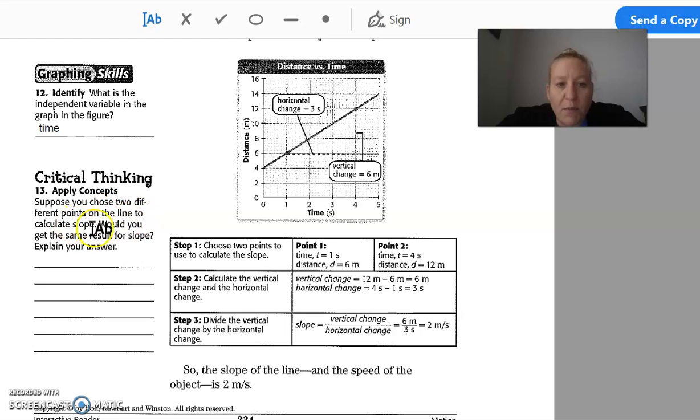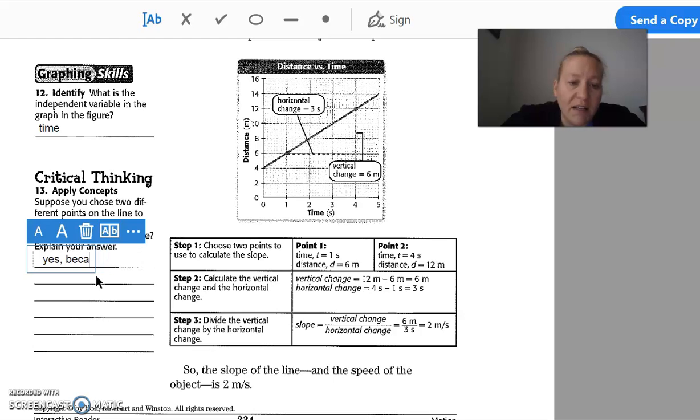Now, suppose you choose two different points on the line to calculate slope. Would you get the same result for slope every time? Yes, because the line is straight.